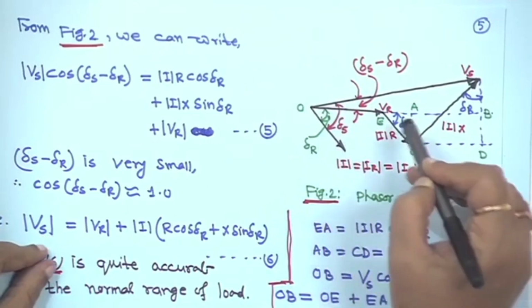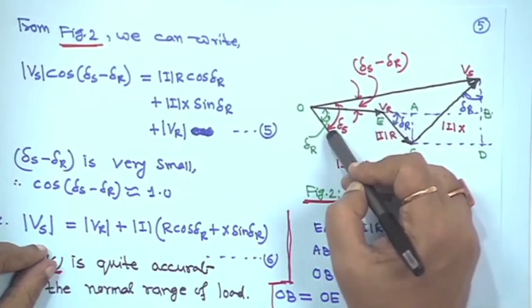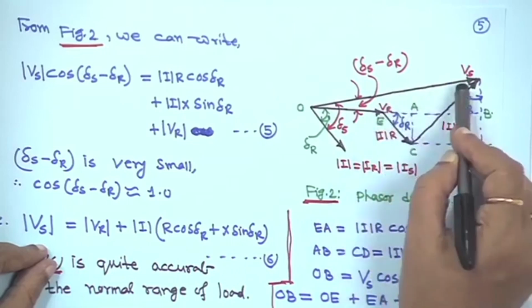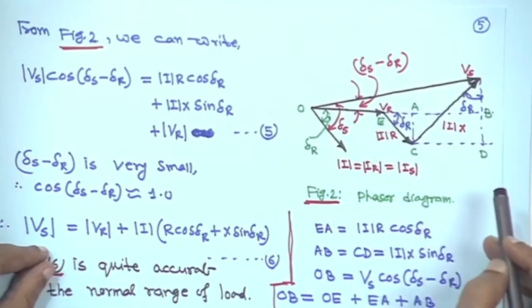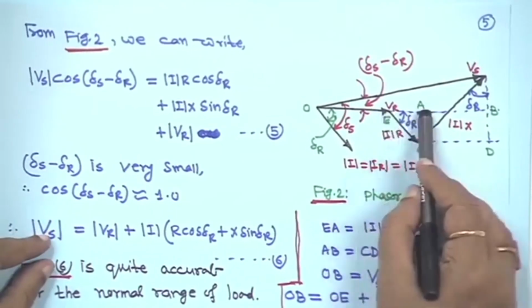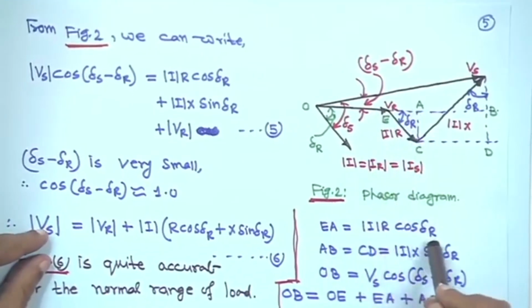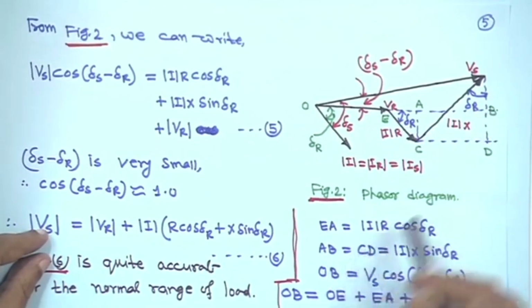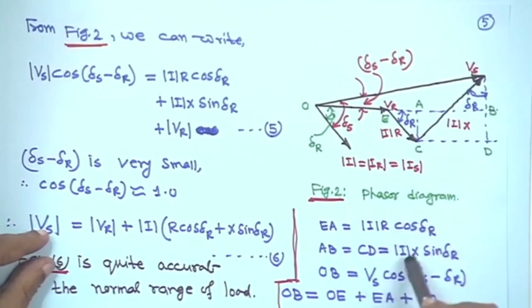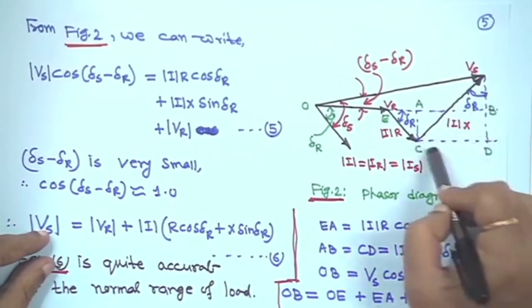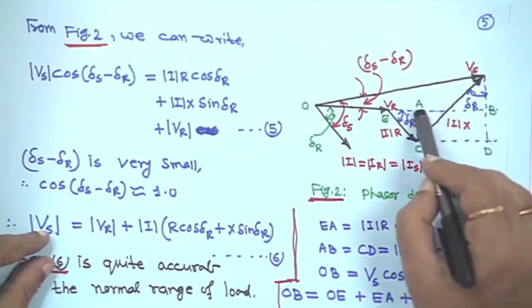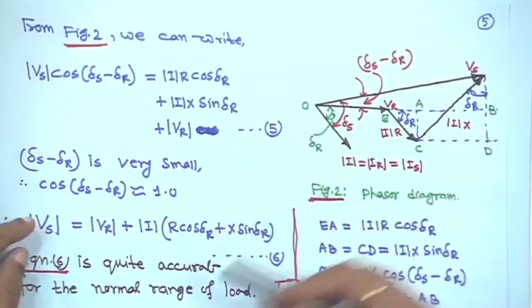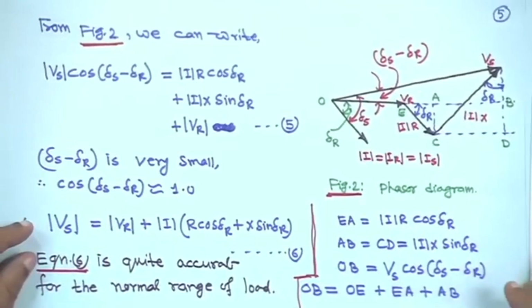The angle between Vr and Vs is delta S minus delta R. Here EA is equal to IR cos delta R, and AB is equal to CD is equal to IX sin delta R. This we have seen earlier also.